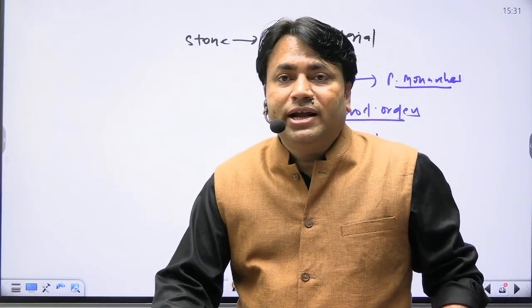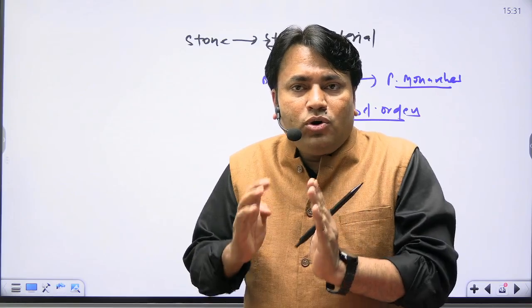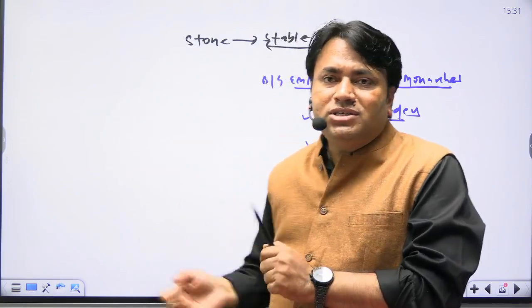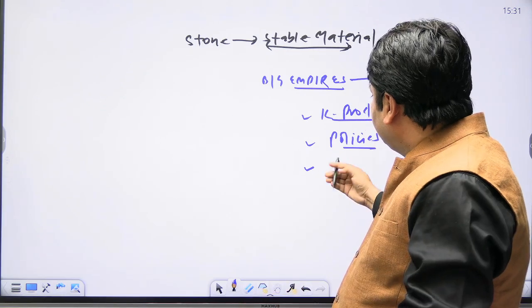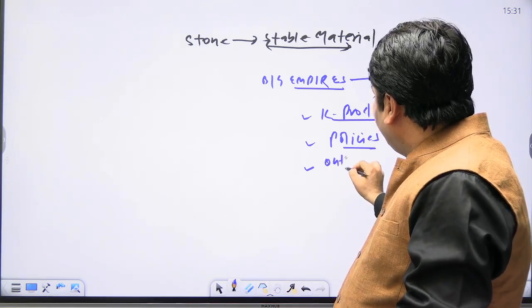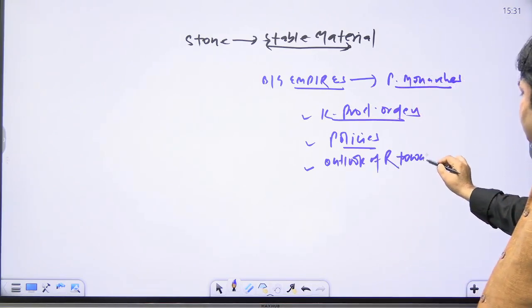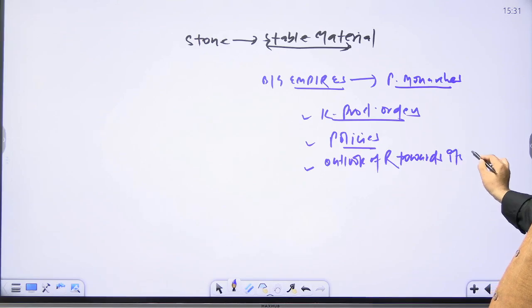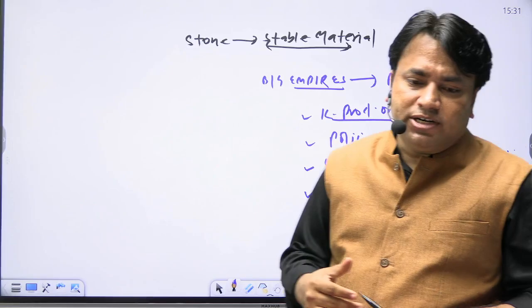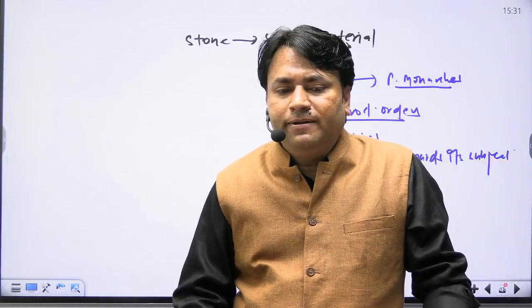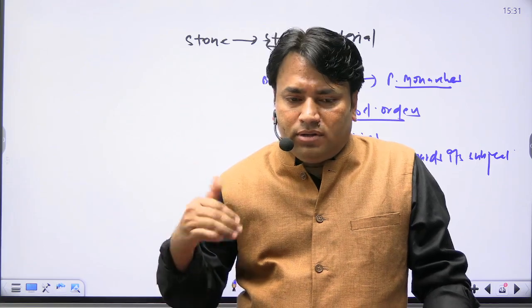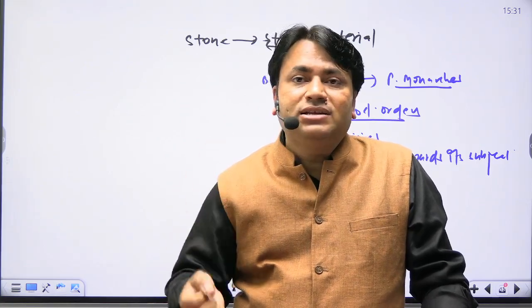The third important point is the outlook of the ruler towards his subjects. And the fourth point is how the ruler can address the masses.